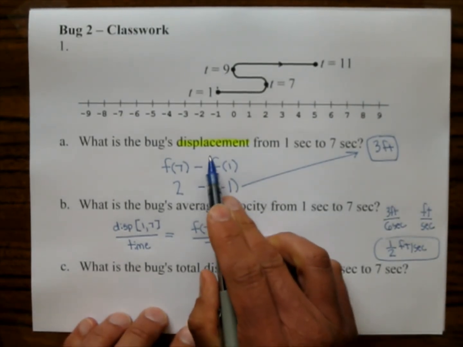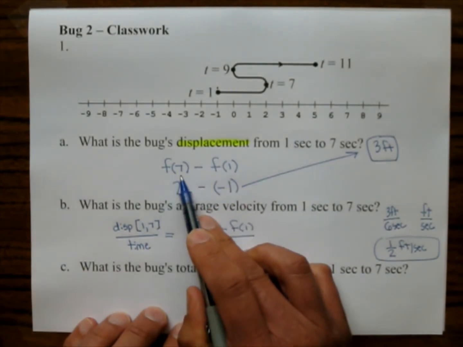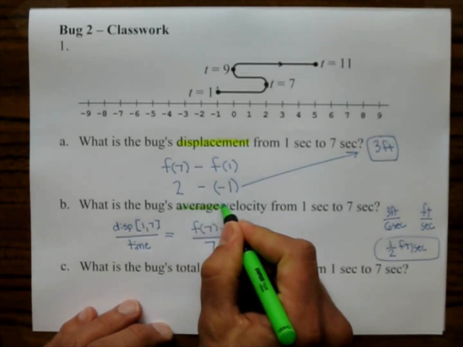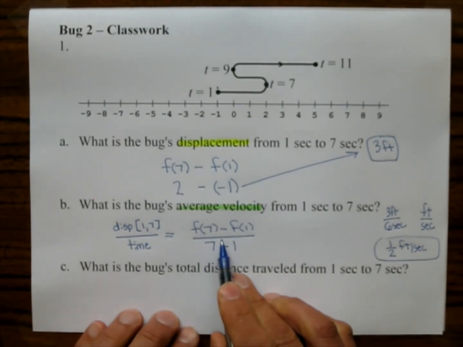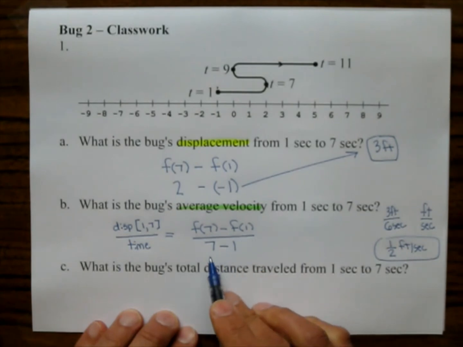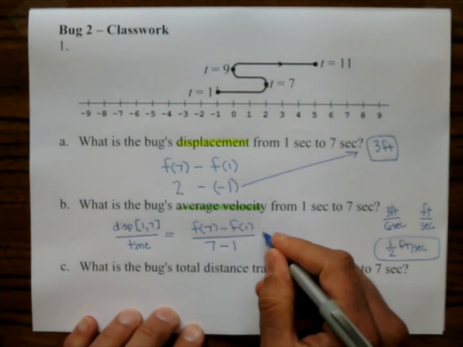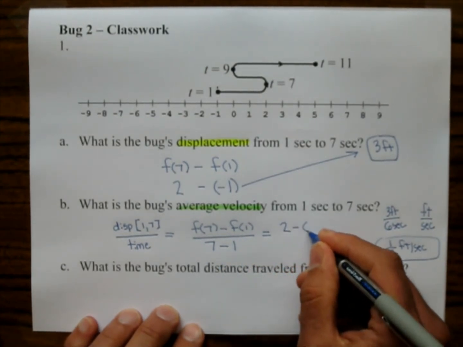So when you're looking for displacement, you go f of end time minus f of beginning time. When you're looking for average velocity, you're doing the displacement, f of end time minus f of beginning time, over the difference of the times. So I'll write this out again. f of 7 minus f of 1 is 2 minus negative 1.